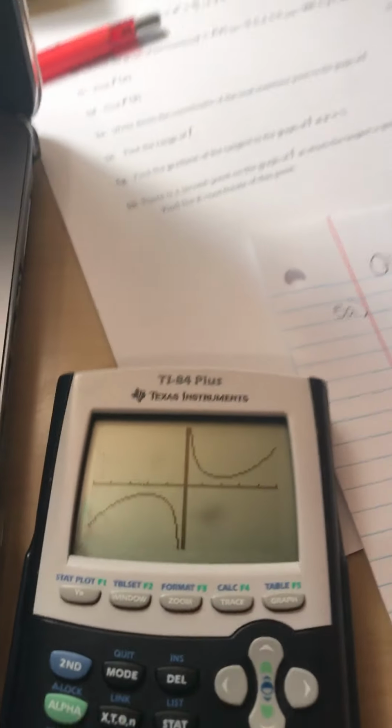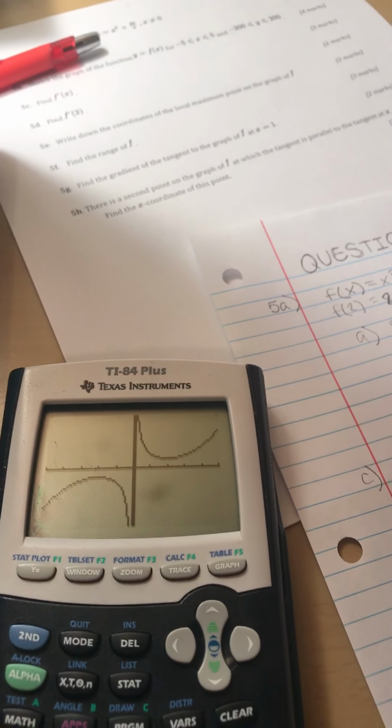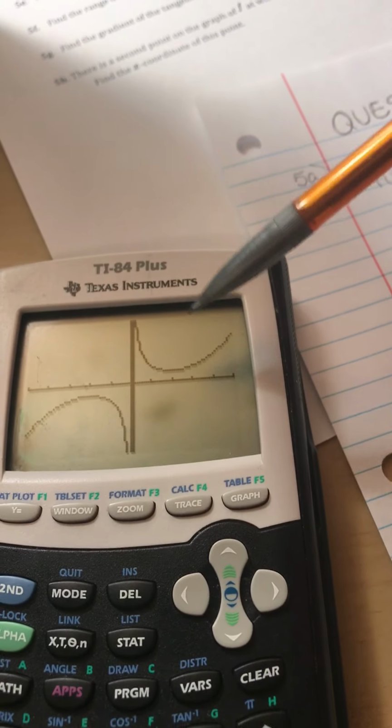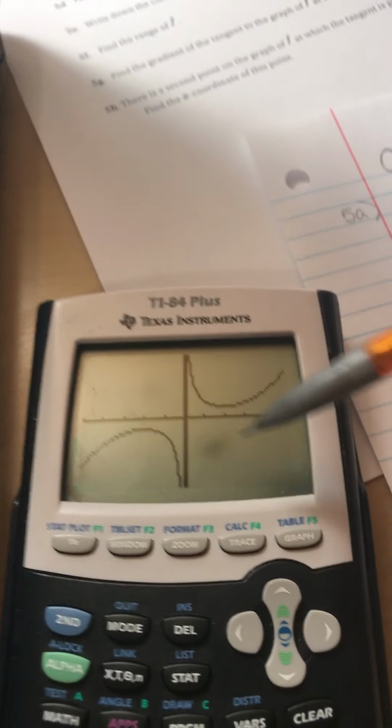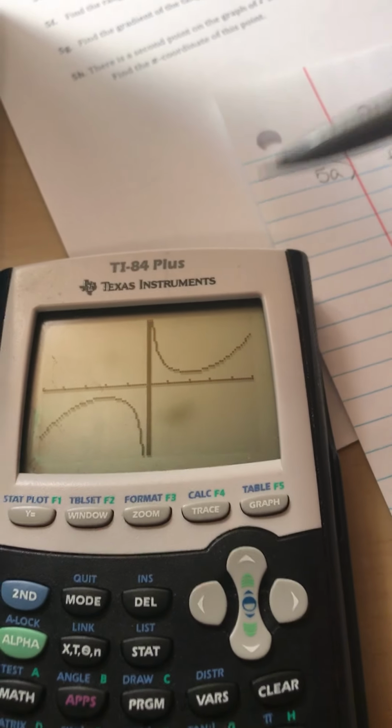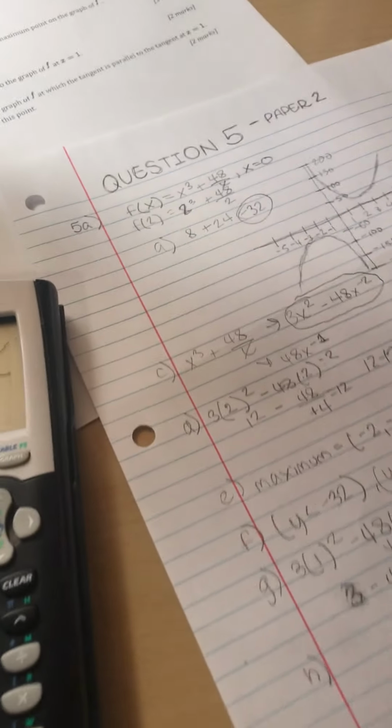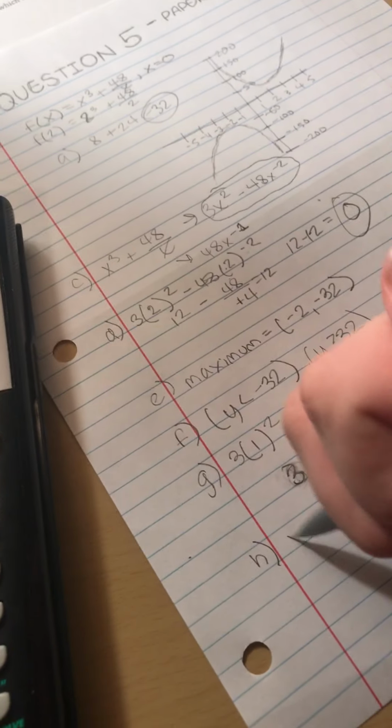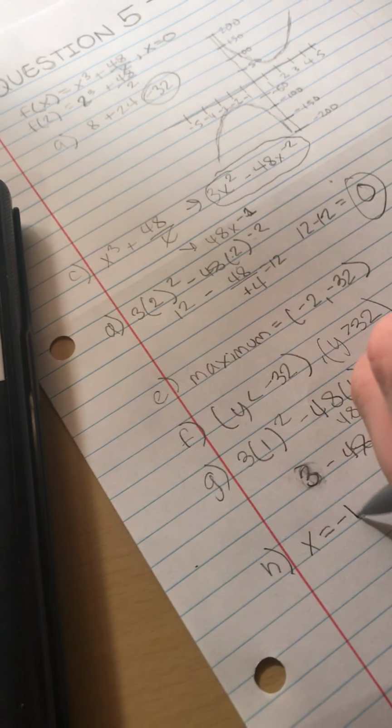My philosophy was, if it was x equals 1 over here, then it would be x equals -1 over here, because they're equivalent. So the answer to H would be x equals -1.